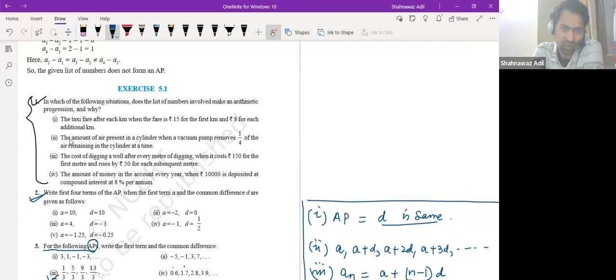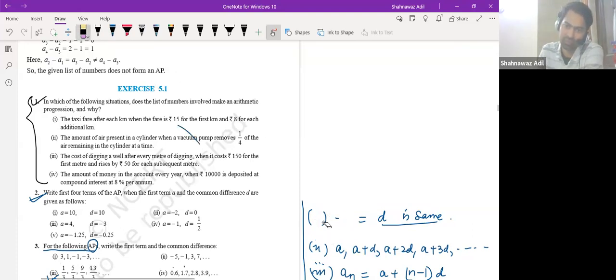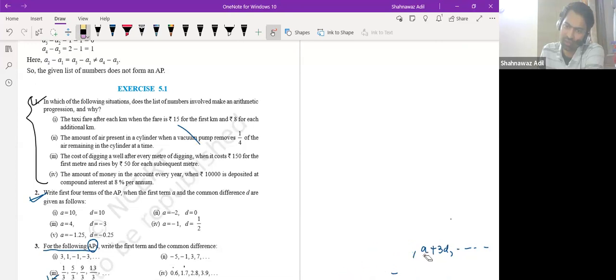Okay, so we have the amount of air present in a cylinder when a vacuum pump removes 1/4 of the air remaining in the cylinder at a time, right?